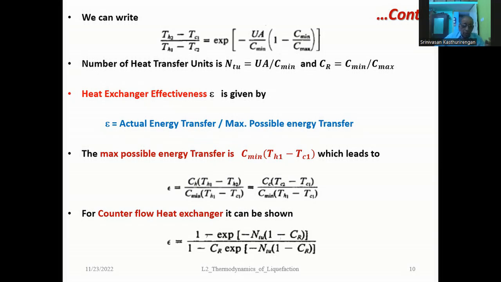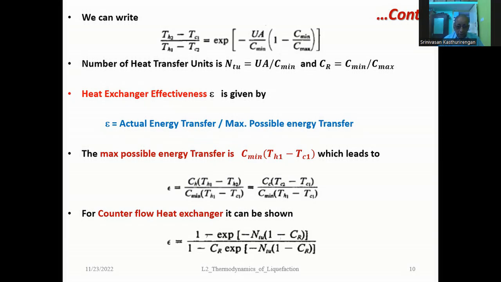They are the ones which are at the extreme temperature differences. Th1 is the temperature of the hot fluid at its entry, and Tc1 is the temperature of the cold fluid at its entry. So that will be the maximum value of the temperature difference. And if you multiply by Cmin, that will be the maximum possible energy transfer.